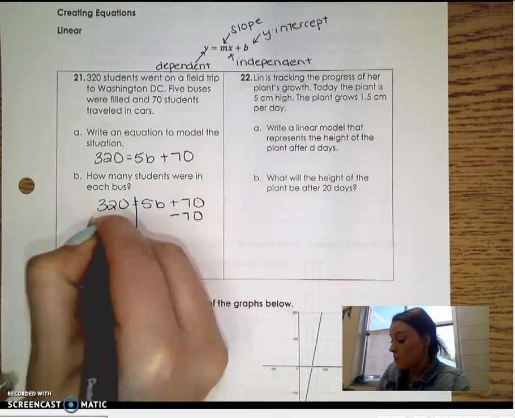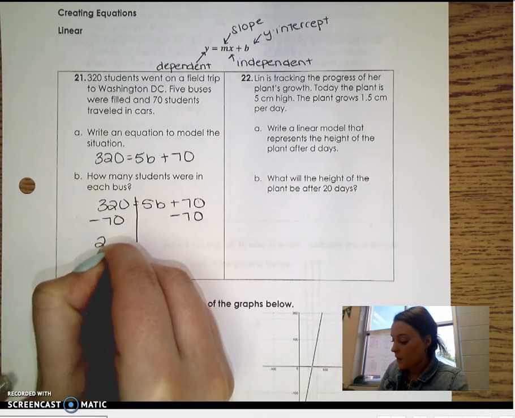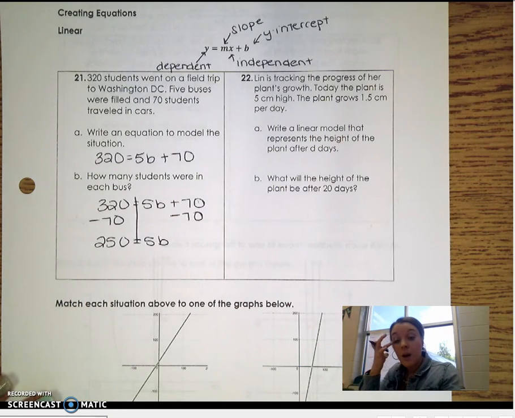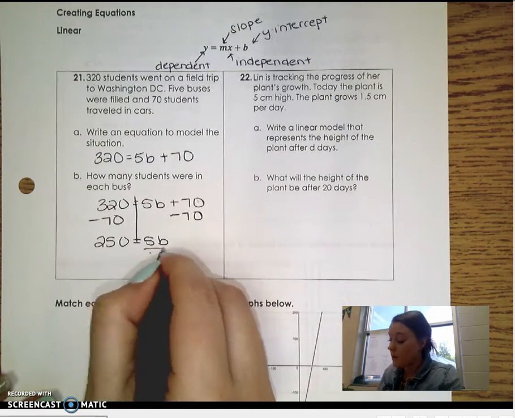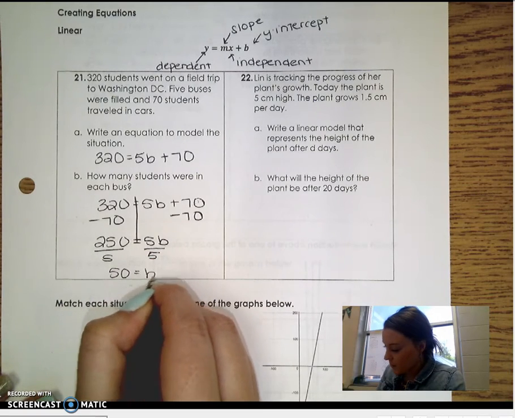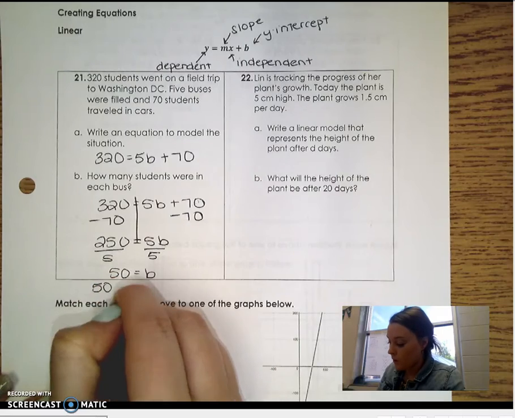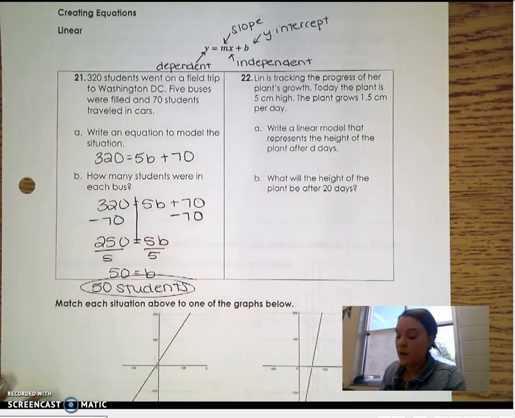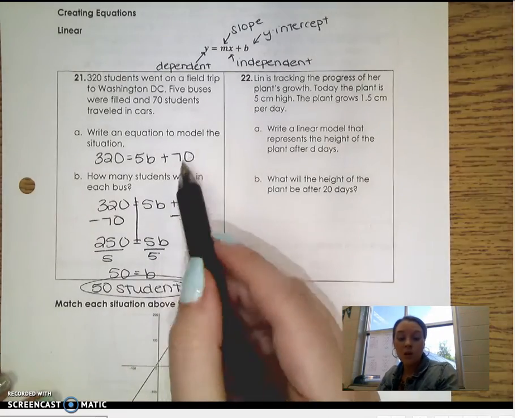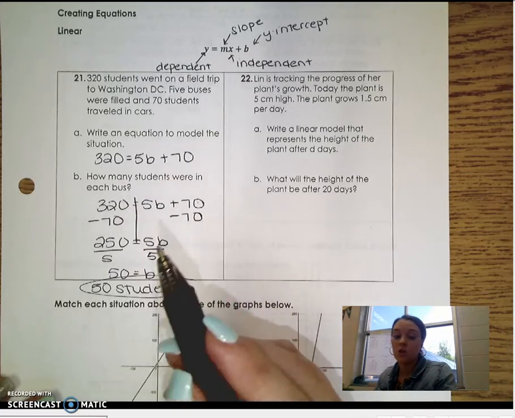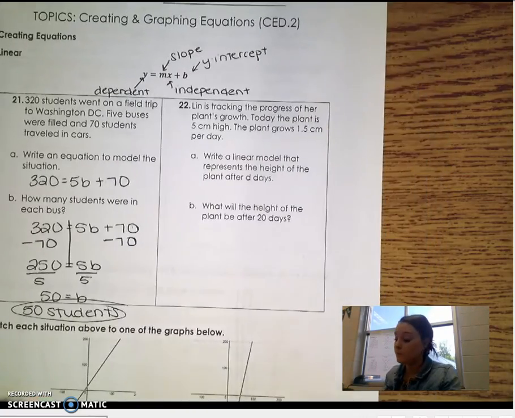I'm going to subtract 70 from both sides, and I get 250 equals 5b. I still don't have b by itself. I need to divide each side by 5, and I get that 50 equals b, or there were 50 students on each bus. Once you create your equation, typically they're going to ask you to use that equation to solve for one of the variables.